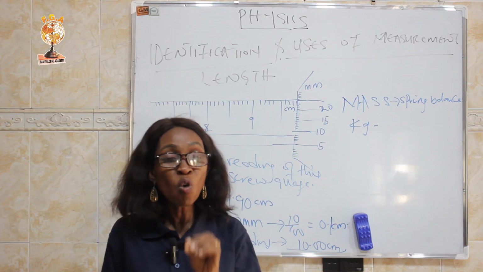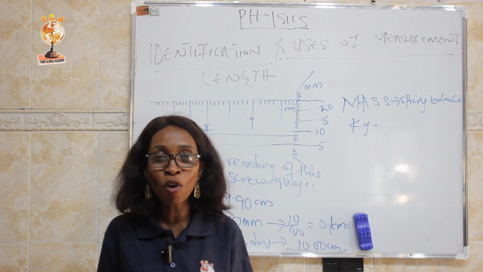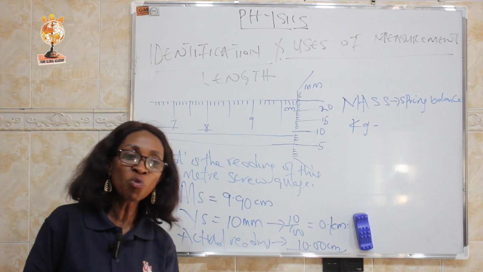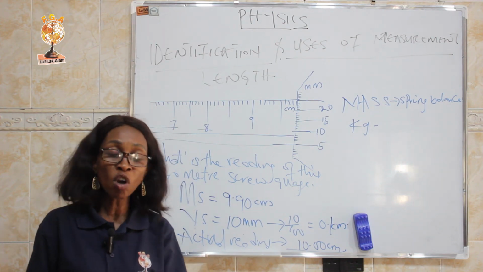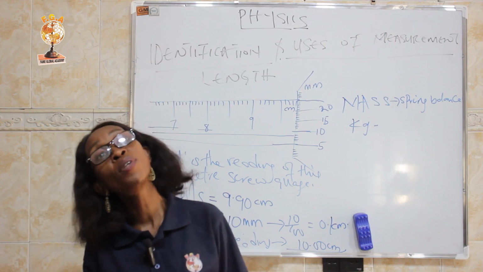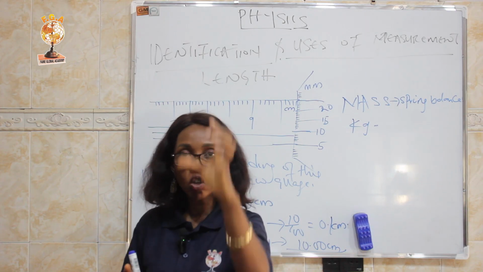And one of the precautions you always take in practical class is to avoid error due to parallax. So when you're taking a reading, you don't bend to one corner and take the reading from the meter rule. Your reading will not be correct, not be accurate. So you make sure you are standing upright and looking focused at whatever you are measuring.